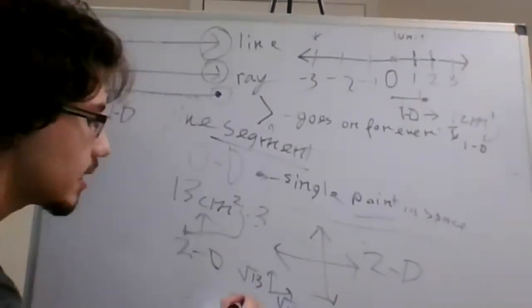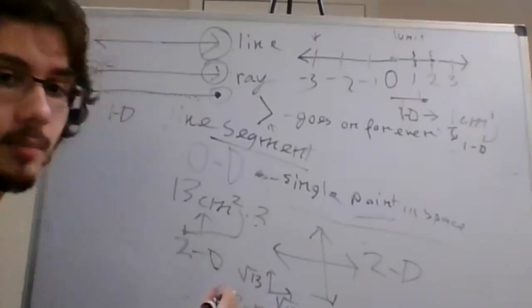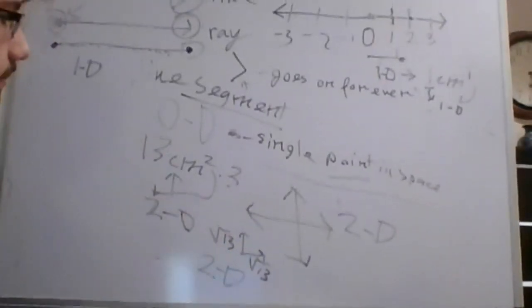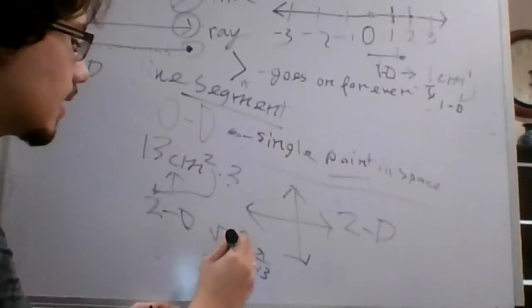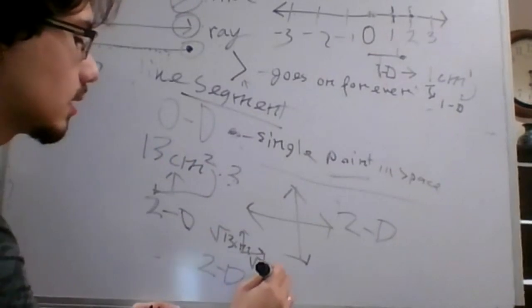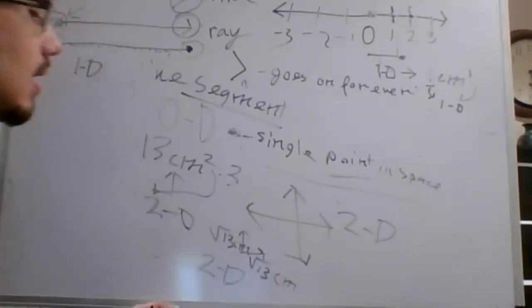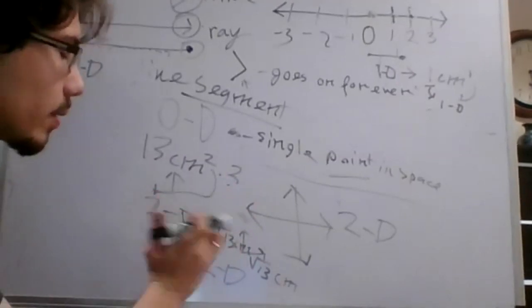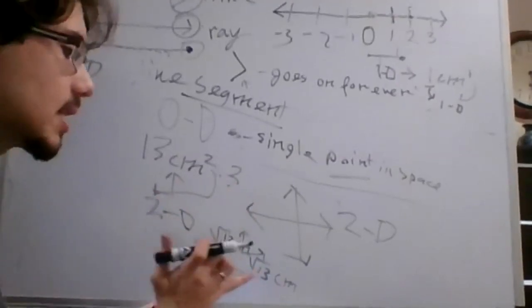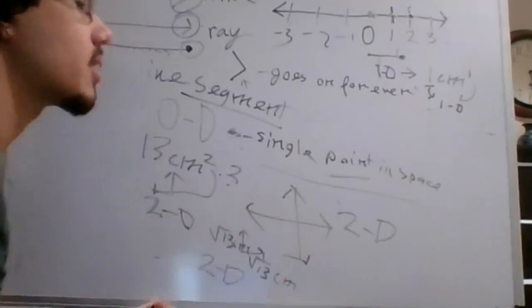So this is where the 2 directions come from. That is how we describe 13 centimeters squared in this context. It is square root of 13 centimeters pointing in this direction, and square root of 13 centimeters pointing in this direction.